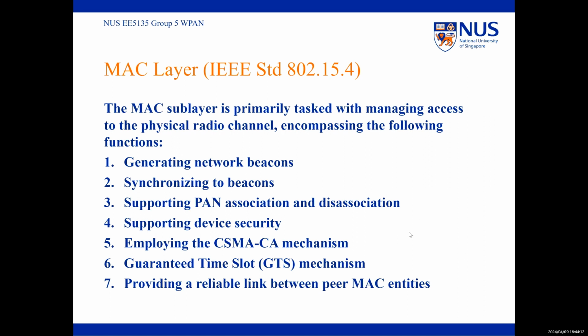It provides dedicated time slots for specific devices to transmit data, also enhancing the network efficiency and timeliness. The last function of the MAC layer is that it establishes and maintains reliable communication links between peer MAC entities, ensuring the data delivery and integrity within the network.